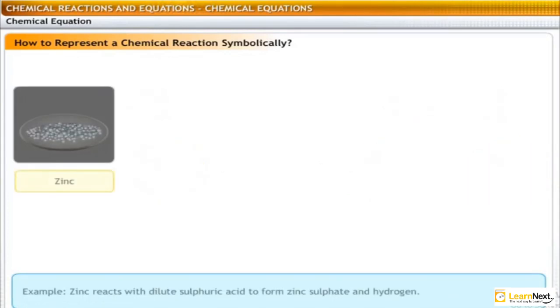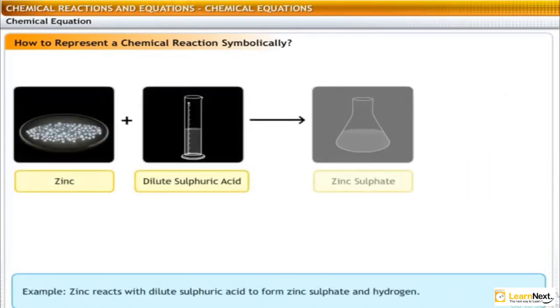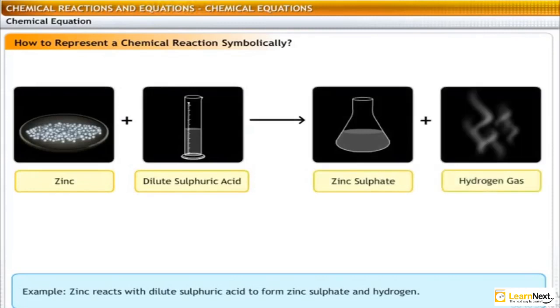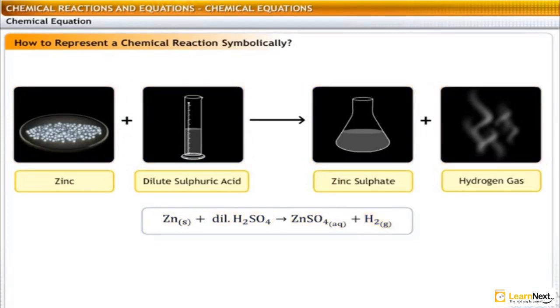For example, zinc reacts with dilute sulfuric acid to form zinc sulfate and hydrogen gas. This is represented in the form of an equation, as shown here. Solid zinc reacts with dilute sulfuric acid to form an aqueous solution of zinc sulfate and hydrogen gas.